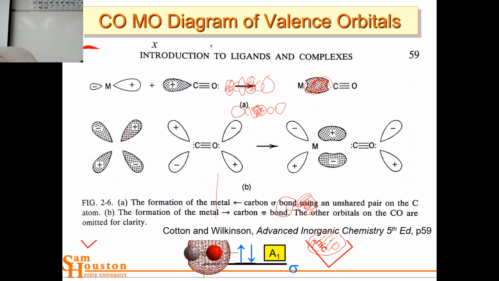And then the metal's d orbitals, d_xz, say, comes along and interacts with the LUMO on the carbon monoxide and forms this pi type interaction. And that forms a really tight association between carbon monoxide and metals that have d orbitals. So again, that's a little bit of foreshadowing. When you take advanced inorganic, you're going to be talking about this quite a bit.